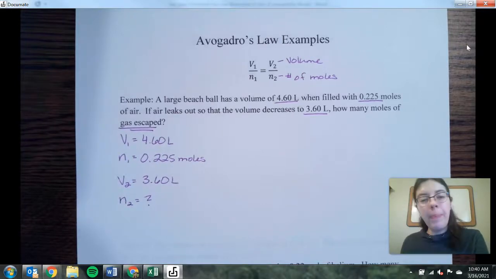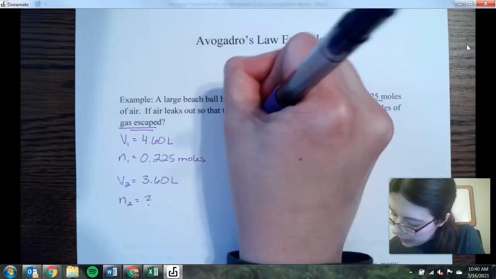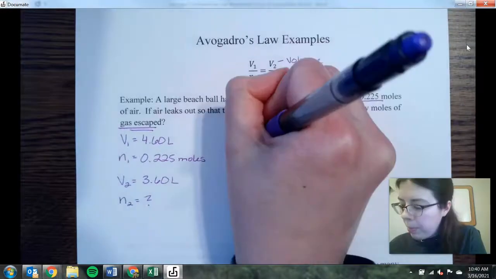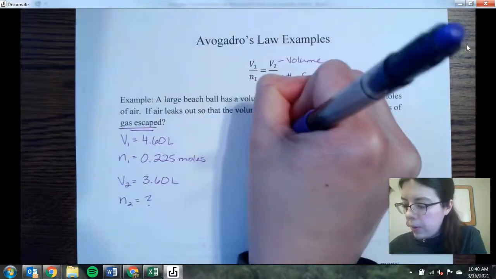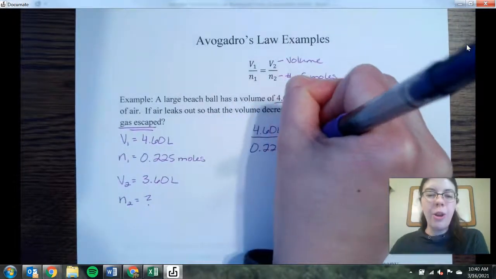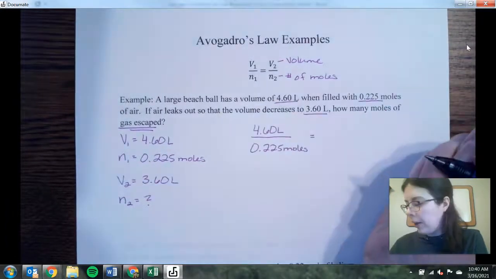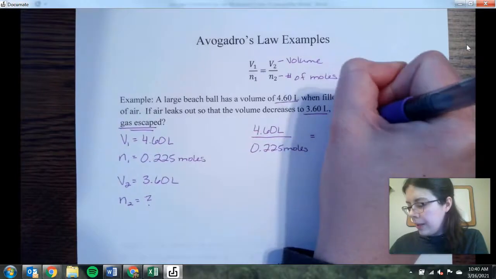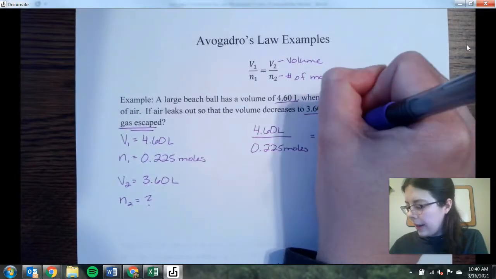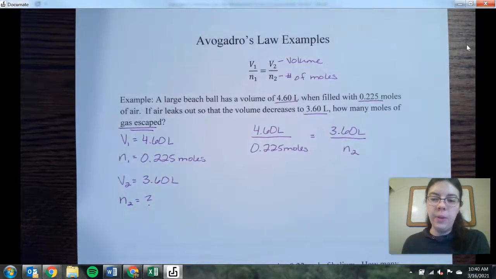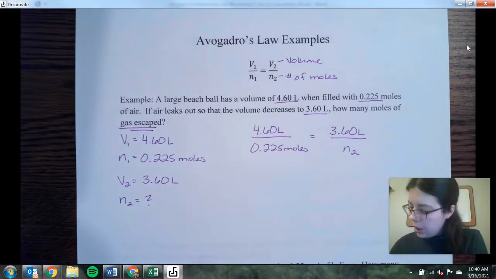Let's start by plugging our values into our equation. We have 4.60 liters, our initial volume, divided by 0.225 moles. Those are the initial values. That is equal to our final volume, 3.60 liters, divided by our N2, which is our unknown. We're going to cross multiply and then divide to get N2 by itself.